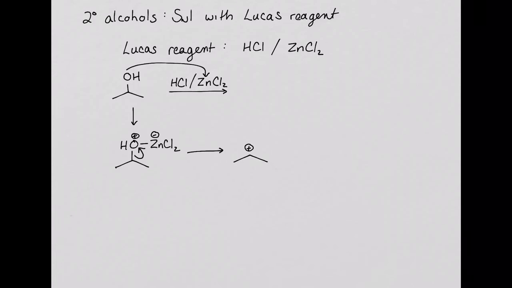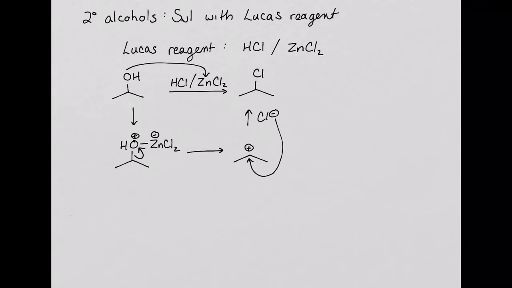In the final step, chloride ion attacks the carbocation to produce the alkyl chloride product. Because secondary alcohols treated with a Lucas reagent undergo an SN1 reaction, the product racemizes if there is any stereochemical information in the alcohol starting material.